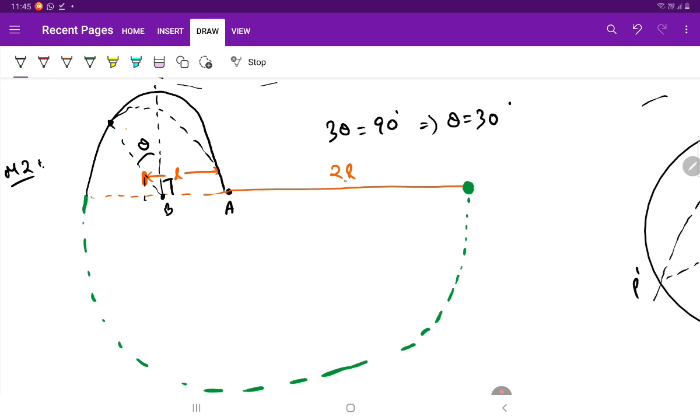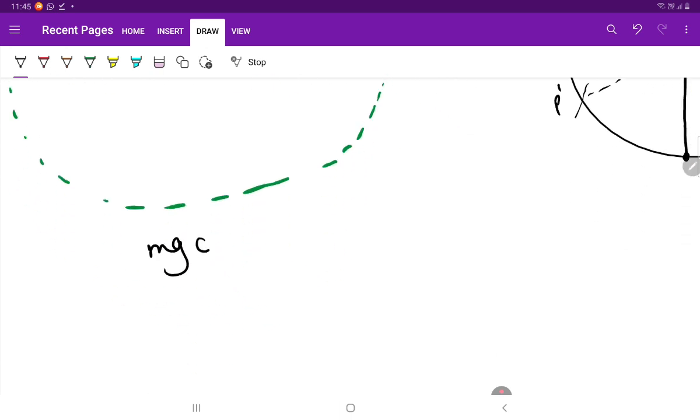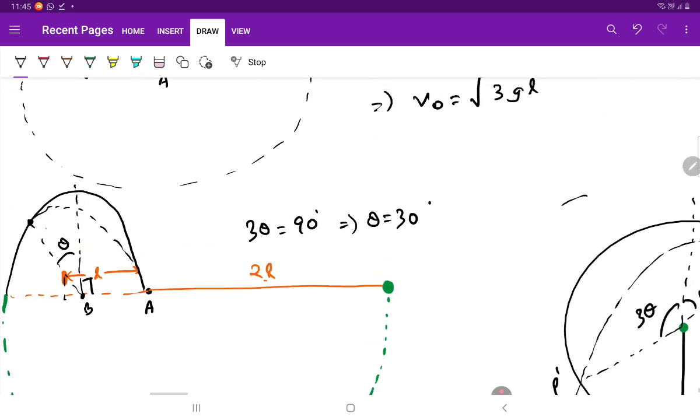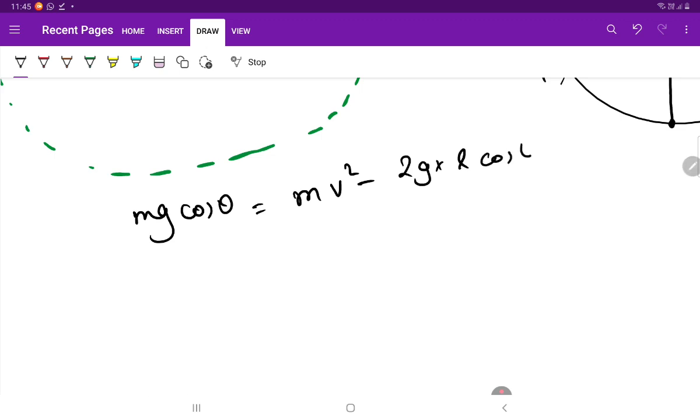That means mg cos theta equals mv squared by L. So basically, this is the centripetal acceleration, and this is the force along the radial direction.